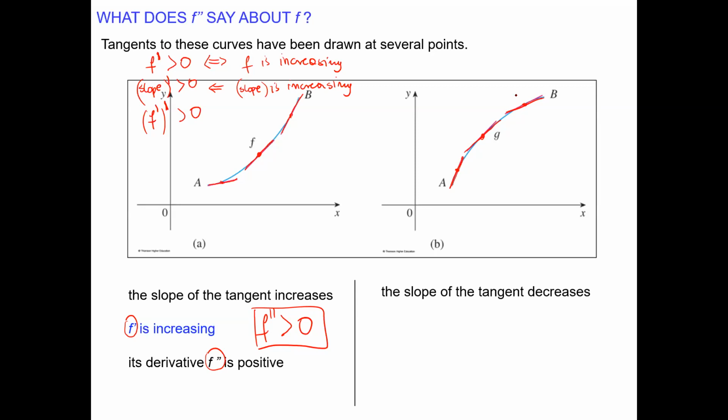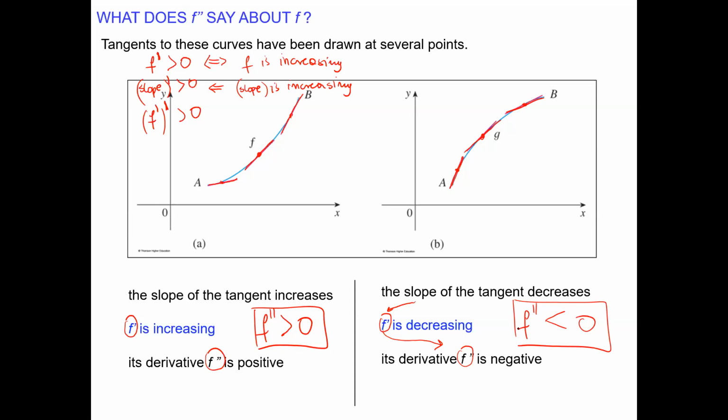And in the same situation, if the slope is decreasing, its derivative is negative, because if a function is decreasing, its derivative is negative. Yes, the slope is decreasing, then the derivative of this must be negative. And the derivative of this will be the second derivative. So for this, if the function is bended down, we can say that the second derivative is negative.